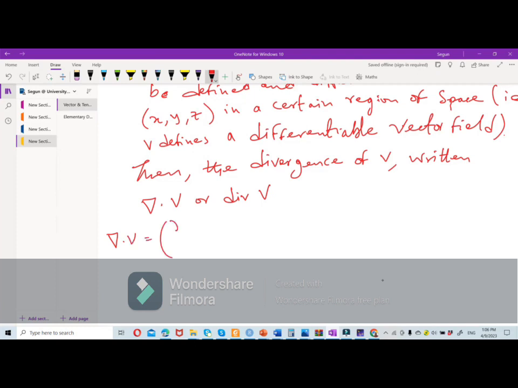It simply means d/dx i plus d/dy j plus d/dz k dot v1 i plus v2 j plus v3 k.